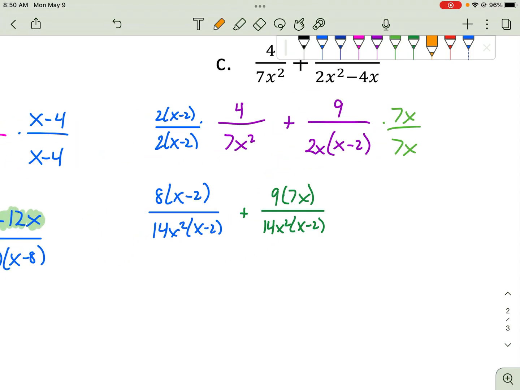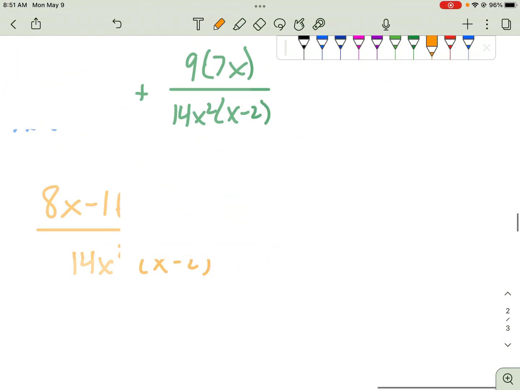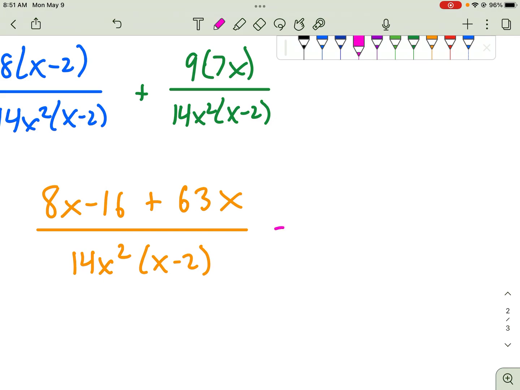And now we can distribute on top and get 8x minus 16 plus 63x from the other fraction all over our common denominator, which isn't changing. And then you can combine the x terms together and then be done.